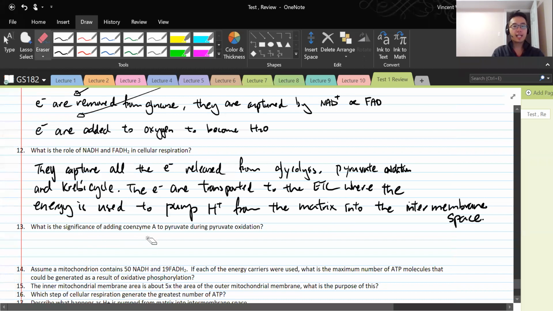What is the significance of adding coenzyme A to pyruvate during pyruvate oxidation? Remember, in pyruvate oxidation, three things happen, right?